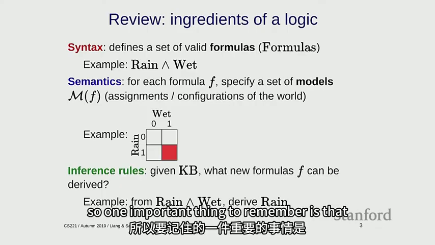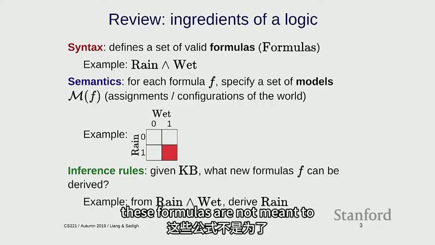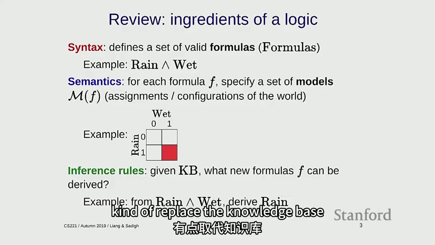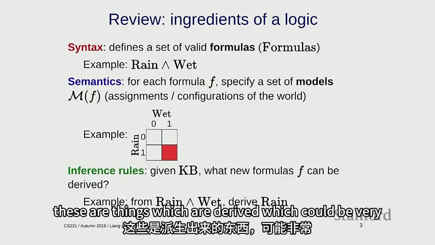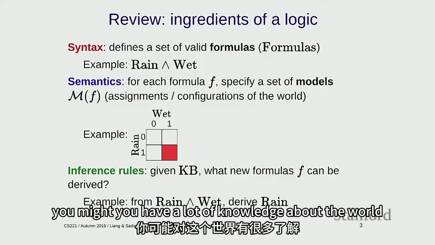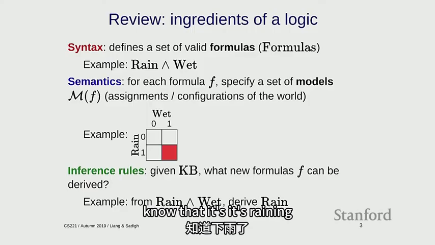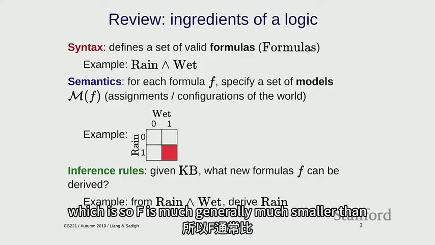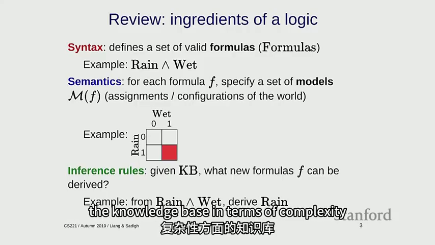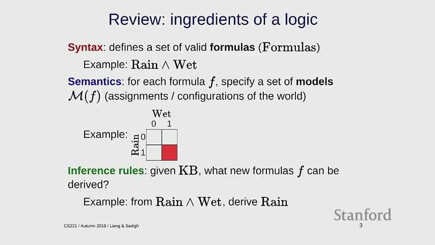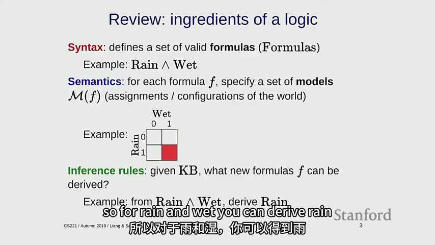So one important thing to remember is that these formulas are not meant to replace the knowledge base. These are things which are derived, which could be very simple things. You have a lot of knowledge about the world, but in any given context, you might know that it's raining, so F is generally much smaller than the knowledge base in terms of complexity. So for rain and wet, you can derive rain.